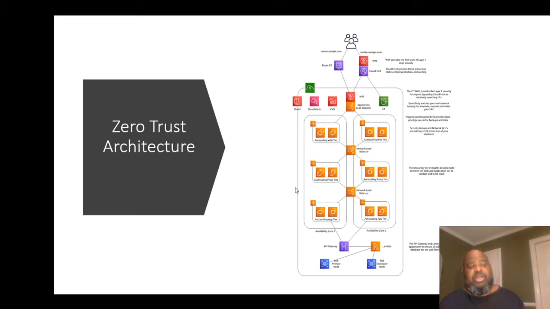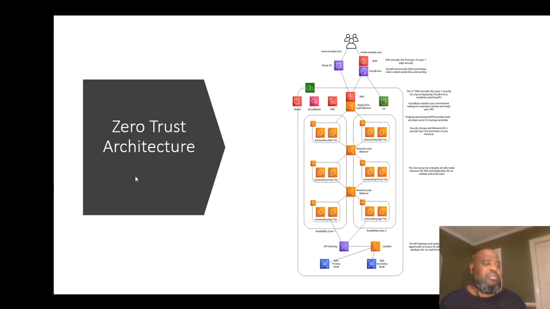Once again, they have the 3-tier: web server, application server, and the database tier. So that's AWS's zero trust architecture. On this, the WebLogic will be in the application tier, right there, with auto scaling, connecting right to the database down here.